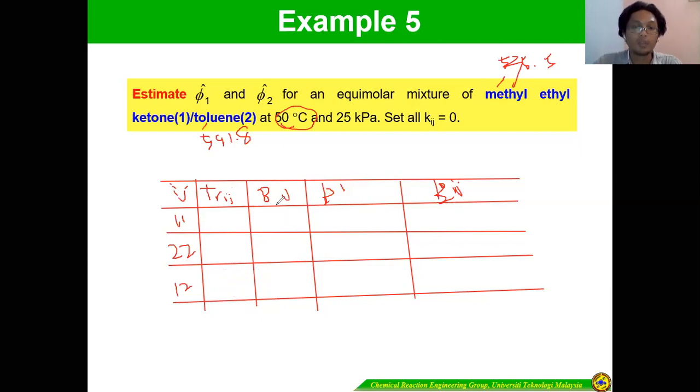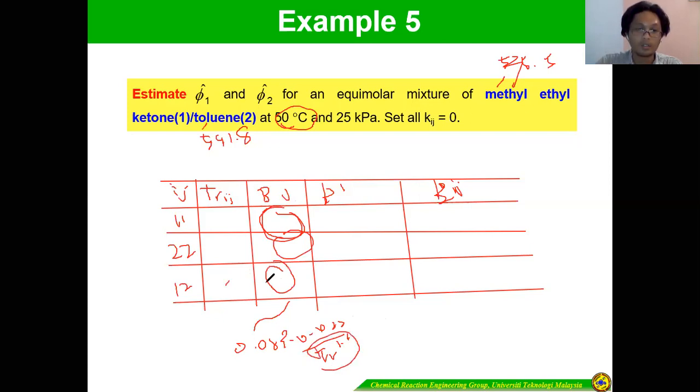Similarly for B naught. I think all of you already know this equation, already given in chapter 3: B naught equals 0.083 minus 0.422 divided by TR to the power of 1.6. You have to calculate this one, as well as B prime. TR is given already, so just substitute into this equation.